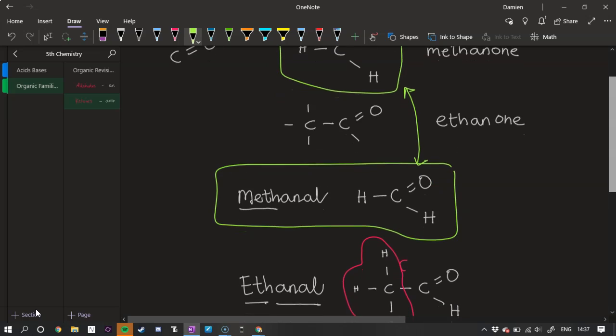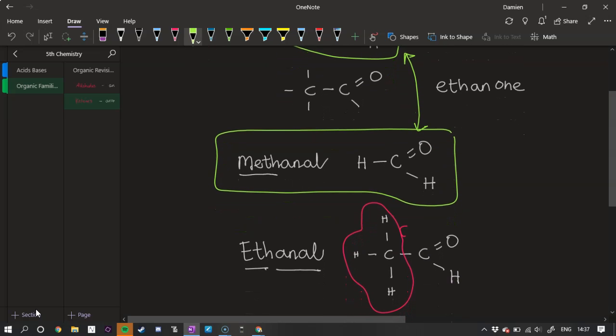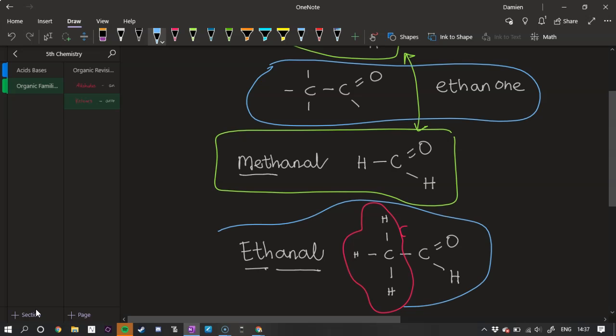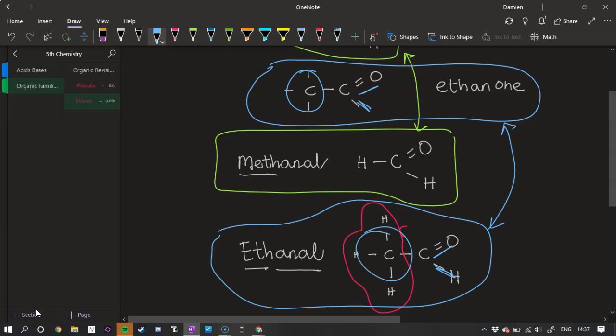So the same thing applies then for ethanal. If you look at ethanal here in blue, and you look at ethanone down here, these two things also have the same structure. A C double bond O with a H, and a C double bond O with a H, and a CH3 at the start, and a CH3 at the start.